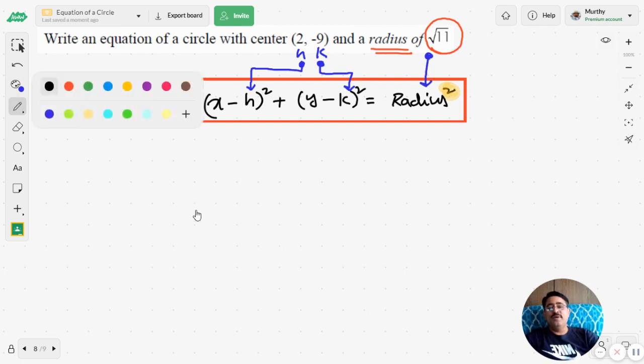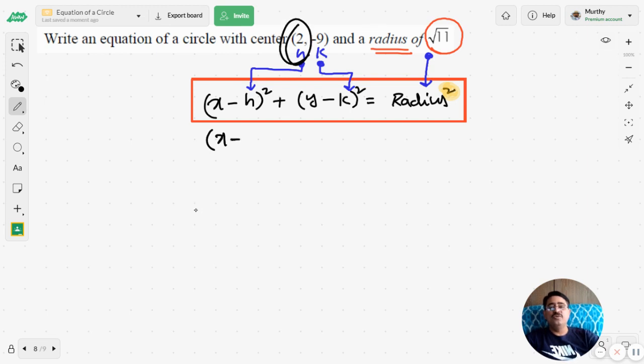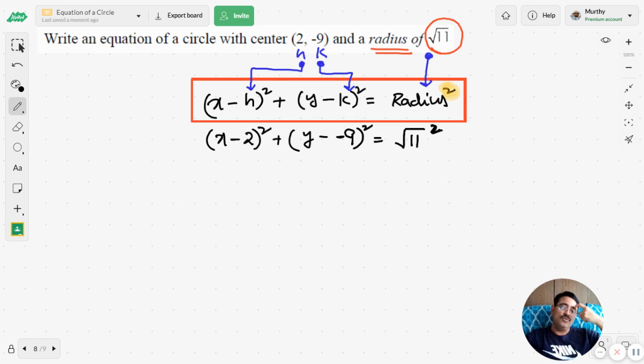Therefore, x minus h value, I see that it is 2 units. So x minus 2 square plus y subtract k value, which is negative 9. So take negative 9 square. What is the radius? Square root of 11. Radius square. So square root of 11 square.